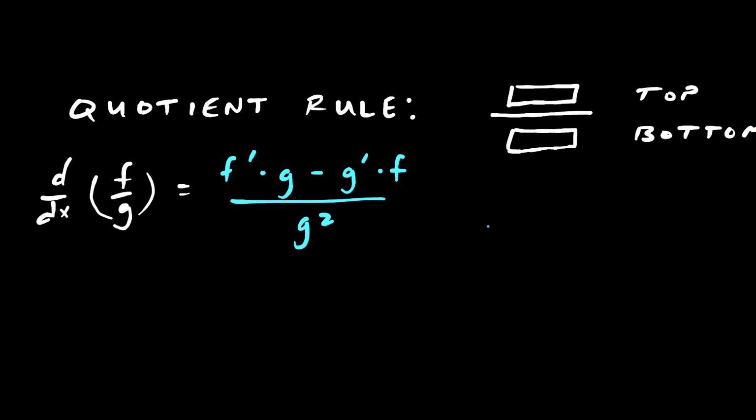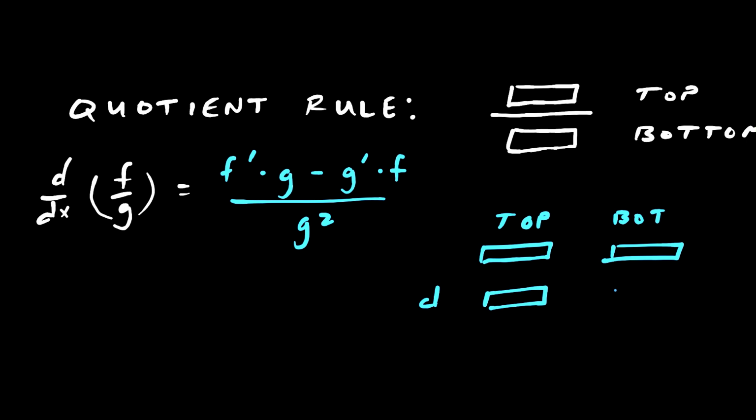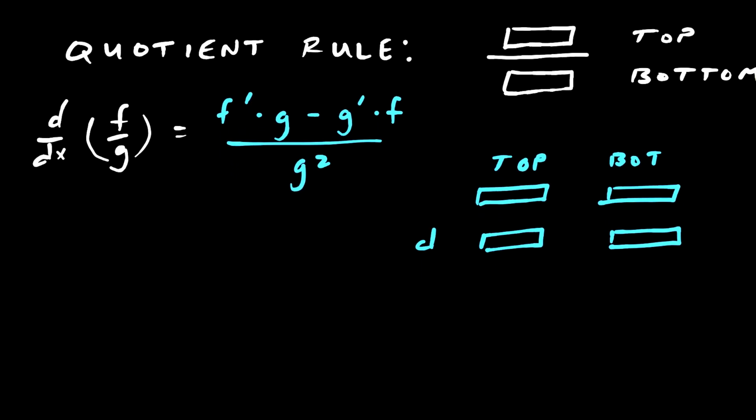Again, I'm going to show you my little hack for this. I look at the top and the bottom, much the way I did in the last problem for the product rule. So we have those written down. And then underneath that, I'm going to write their derivatives, whatever they may be. And I'm going to do pretty much the same idea where we're going to multiply across.